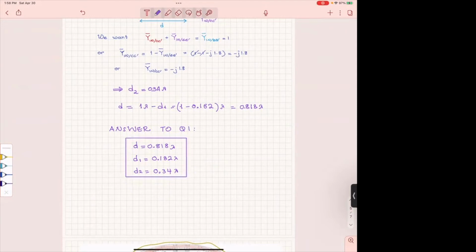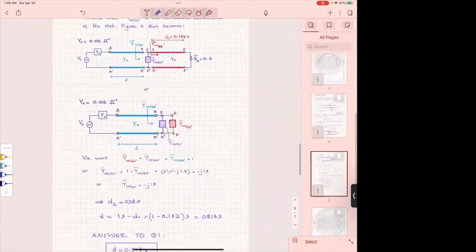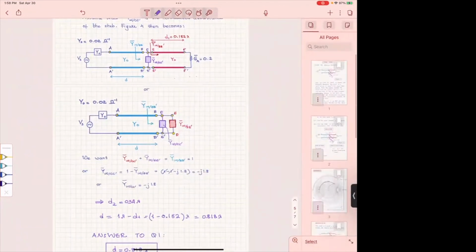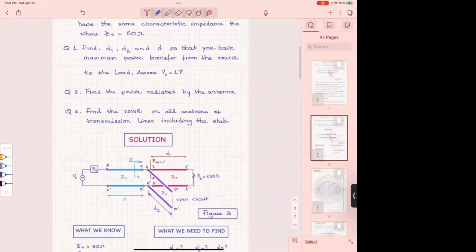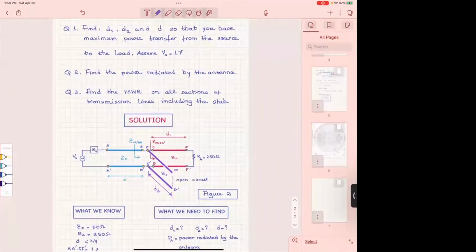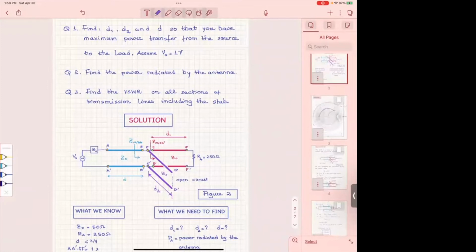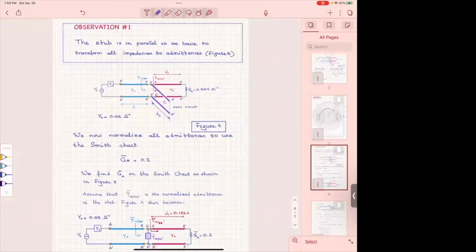Okay. The question now, there are 2 more questions, and then we'll go back to the beginning to see what the other questions are. Question 2, find the power radiated by the antenna, and then find the VSWR in all lines, all right? So therefore, let's go down here. We have a picture here.